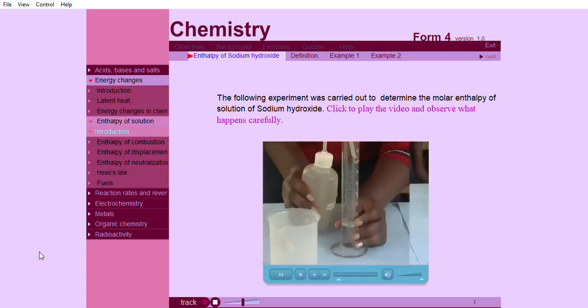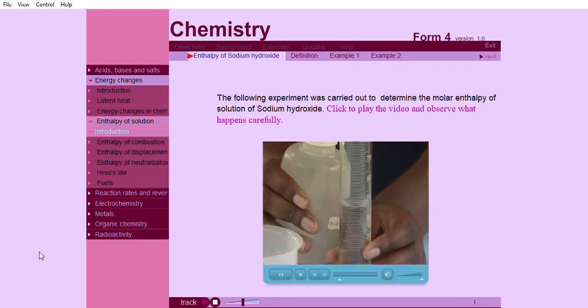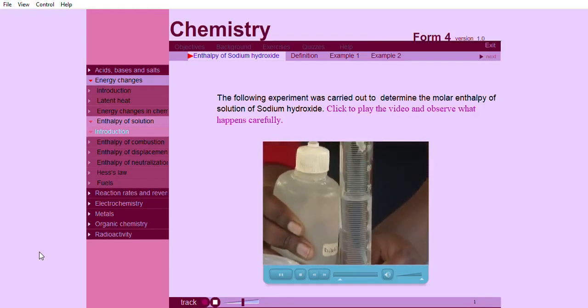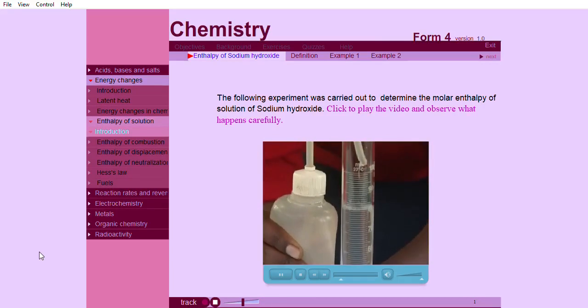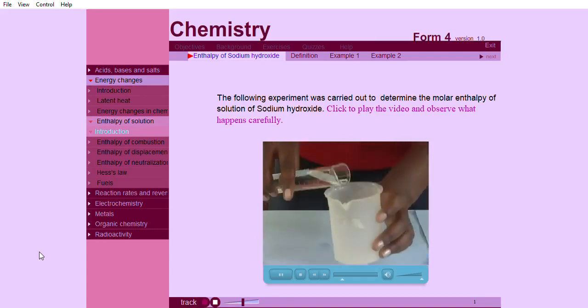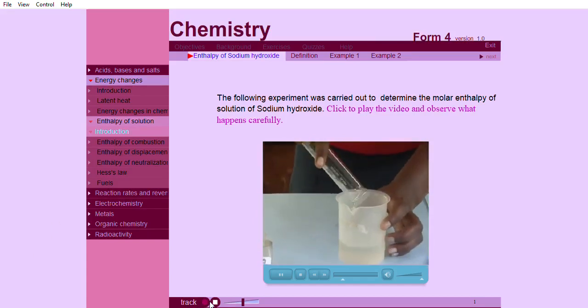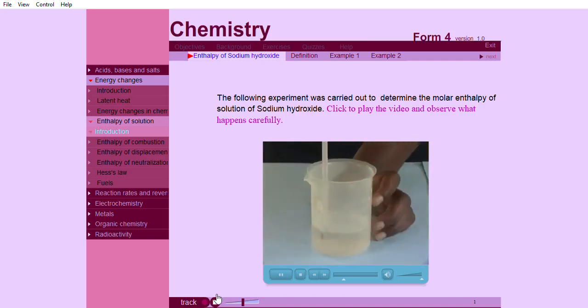Procedure: measure 100 cubic centimeters of distilled water and transfer it into a plastic beaker. Measure the temperature of the water and record it in the table.